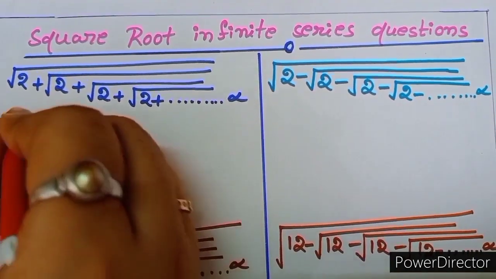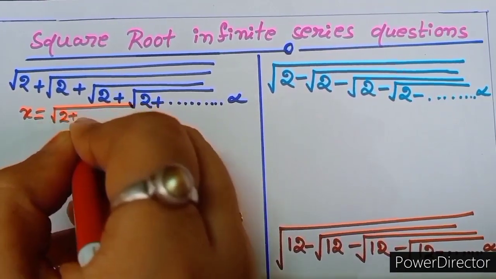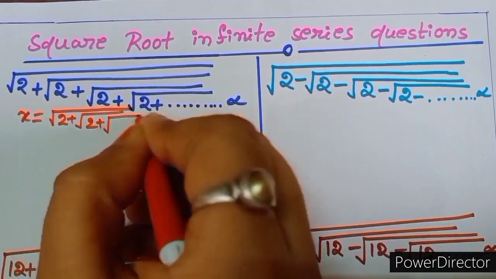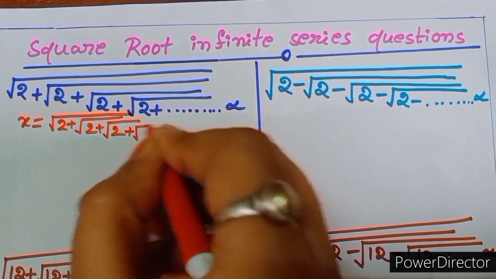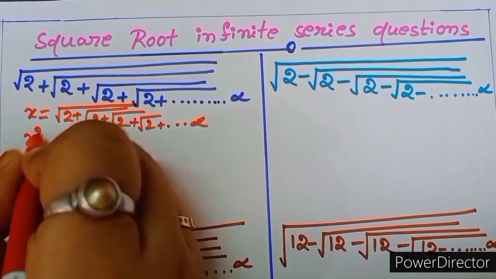We know this basic: x equal to... x square.